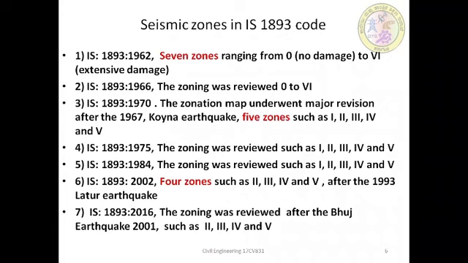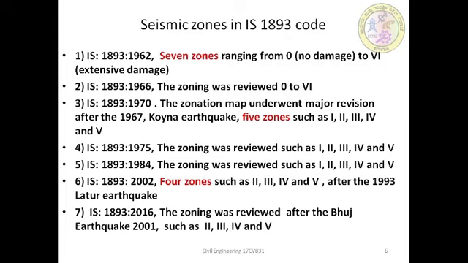And again in 1966 the same was reviewed, because some earthquakes happened in between. So they gave guidelines for modifications to change the zones. According to that, in 1966 the zoning map was revised, and again in 1970.